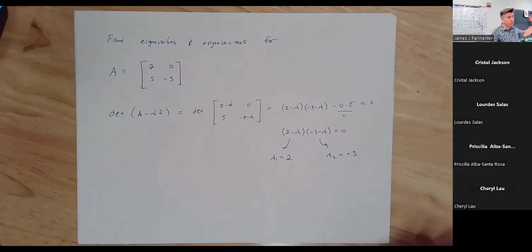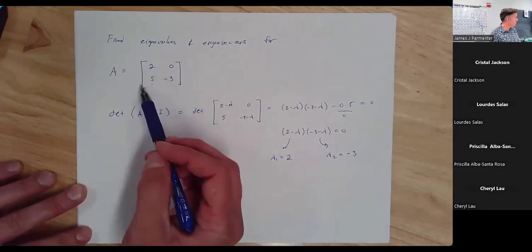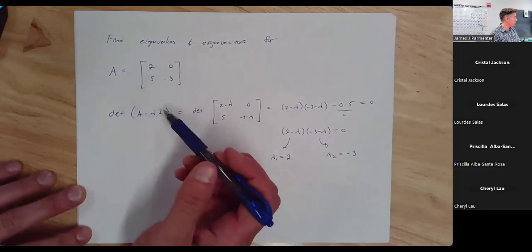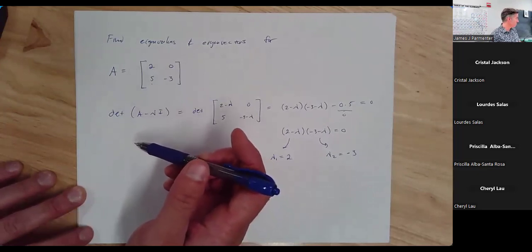So, useful fact. If you have a matrix that is lower triangular or upper triangular, the eigenvalues are literally just the diagonal entries.